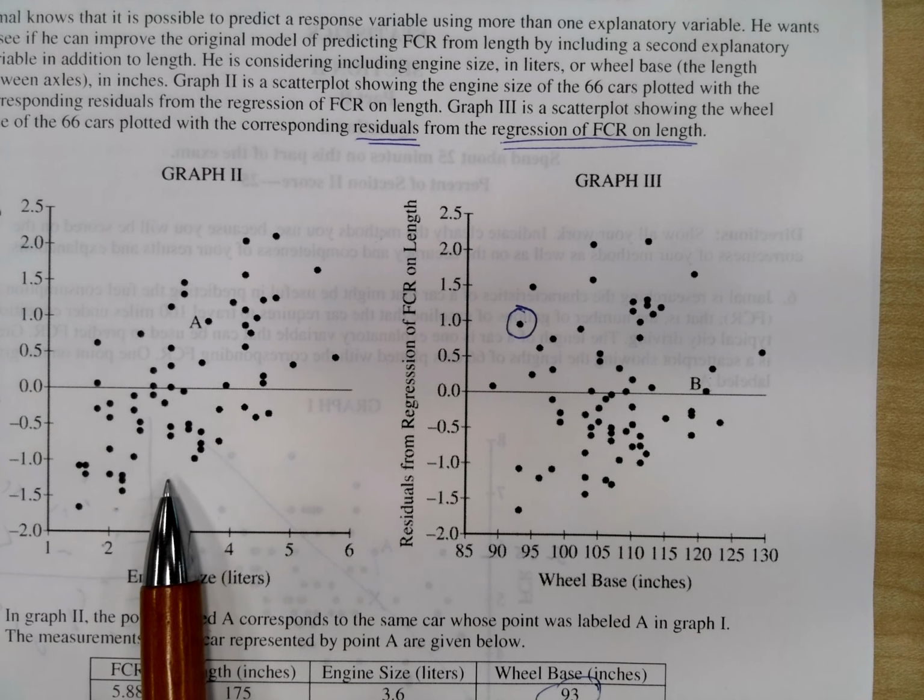So let's look at what they said on the solution guide. Right here, engine size is a better choice than wheelbase, which is what we said. It has the stronger association and indicates engine size is more useful than wheelbase for reducing the variability in FCR values that remains unexplained.